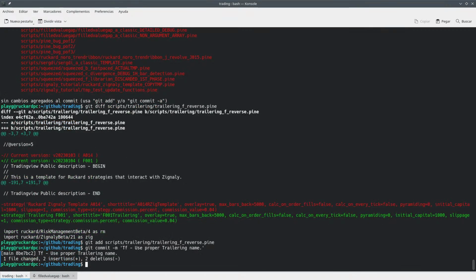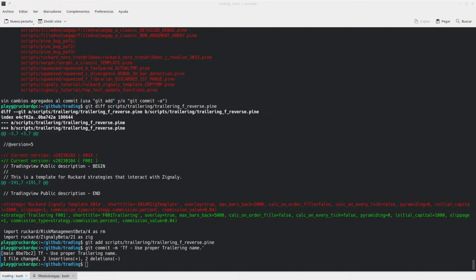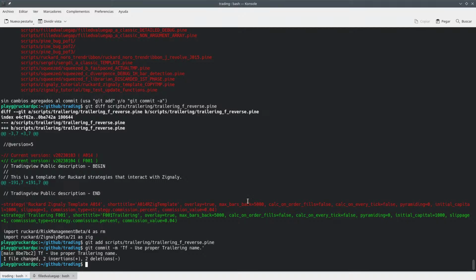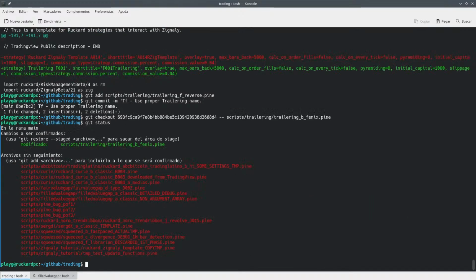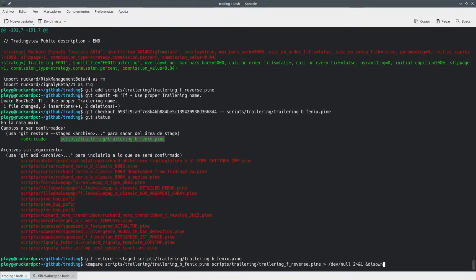Nice. The other explanation is how the strategy works. So this is explained on this commit on B. So we are going, damn it, we are going to check out this commit trailering B, which we are going to say that we don't want this, and now we should be able to compare this again.